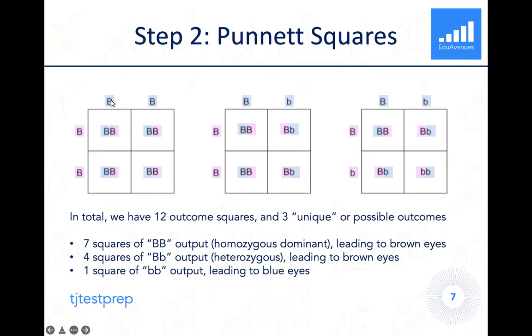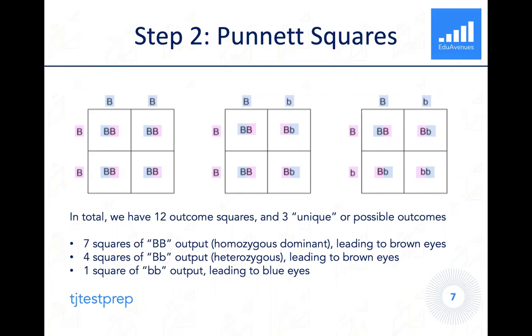So these B's are associated with each other, these B's are associated with each other, and so on. And what's left in the square is our final output. So those are the possibilities for the children. We do this for all of the Punnett squares.